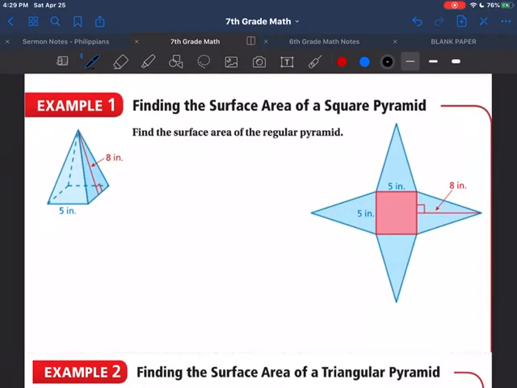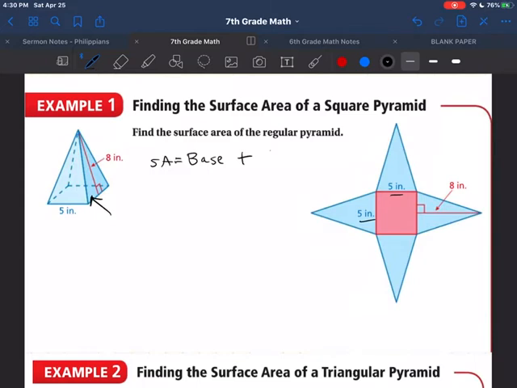Find the surface area of the regular polygon. Okay, so the surface area is equal to the area of the face plus the area of the base, which is this square. Yep, that's a square because it's 5 by 5.